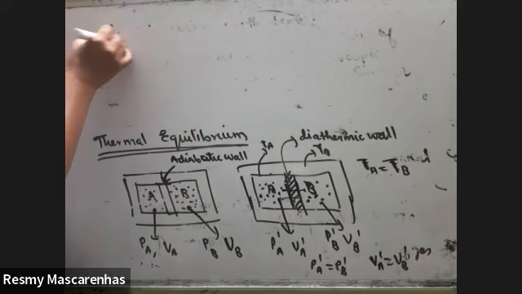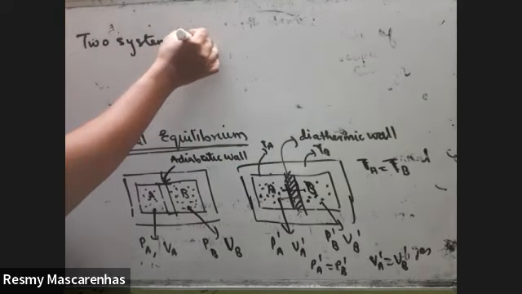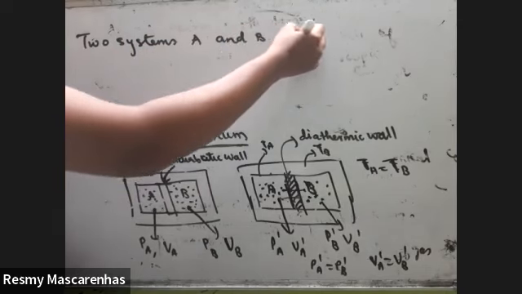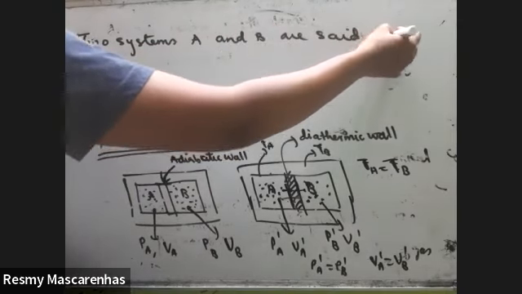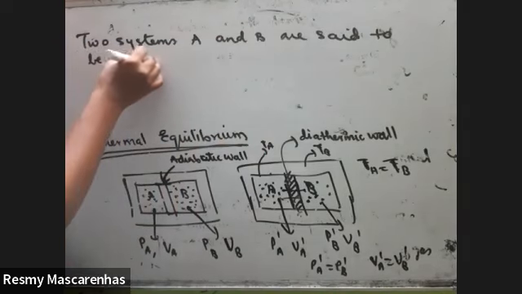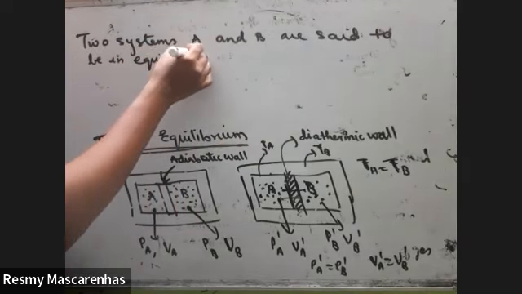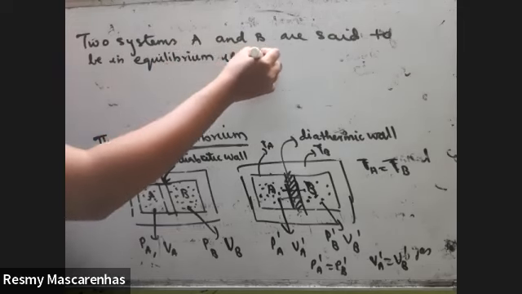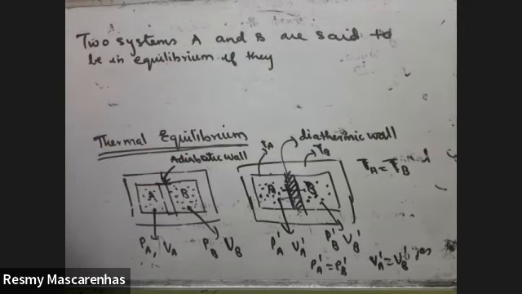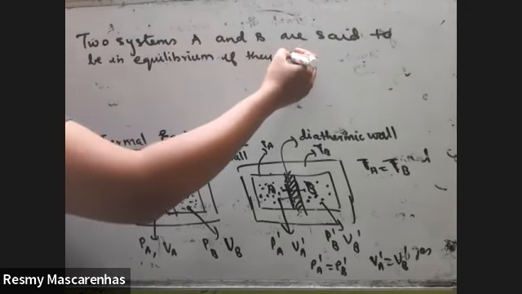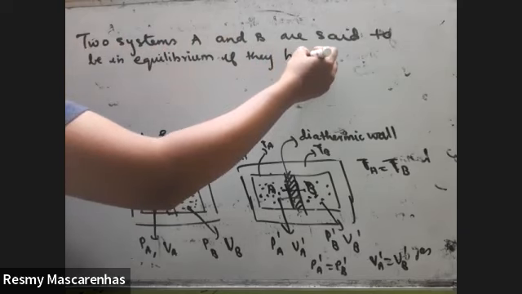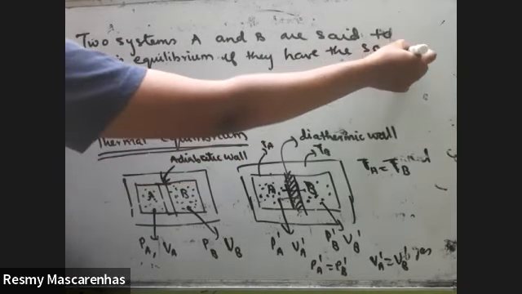Two systems, A and B, are said to be in equilibrium if they have the same temperature.